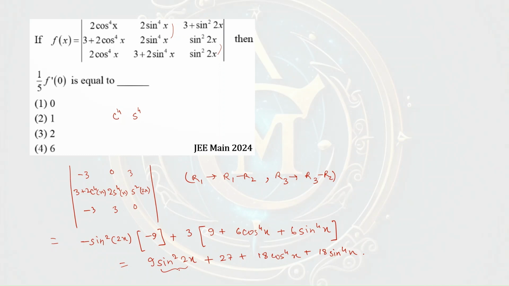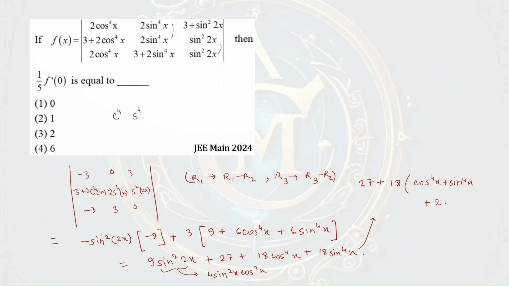Now sin square 2x you can write as 4 sin square x cos square x. So this you can write as 27 plus 18 we take common, and then cos to the power 4x plus sine to the power 4x plus, this becomes 36 sin square x cos square x.